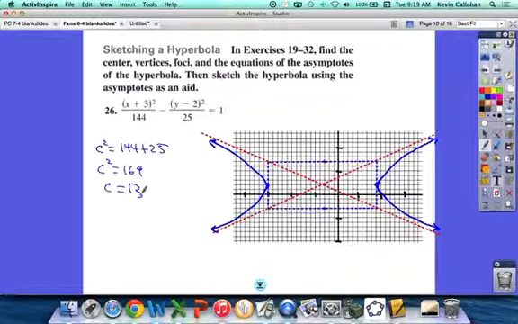We went 12 to the left and 12 to the right, so the foci are one inside of that, one on the other side. At this point that was negative 15, so we just say negative 16, 2, and 10, 2. There we go.